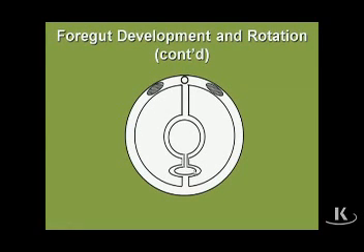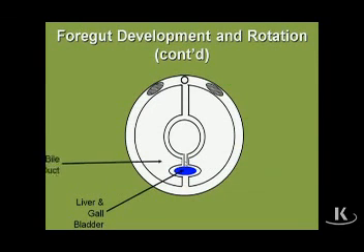This distal expanded end of the hepatic diverticulum is what will develop into the liver and gallbladder. The more proximal part of that diverticulum, the part that hasn't expanded, is what will develop into the bile duct, or more generically, the biliary duct system.